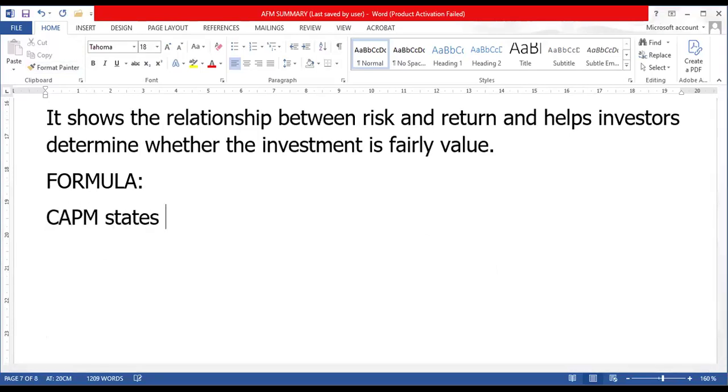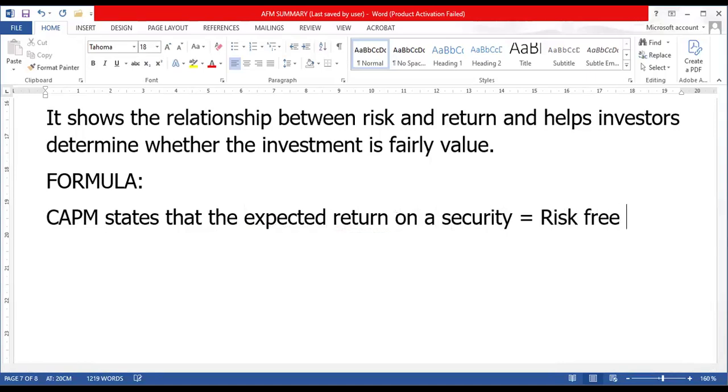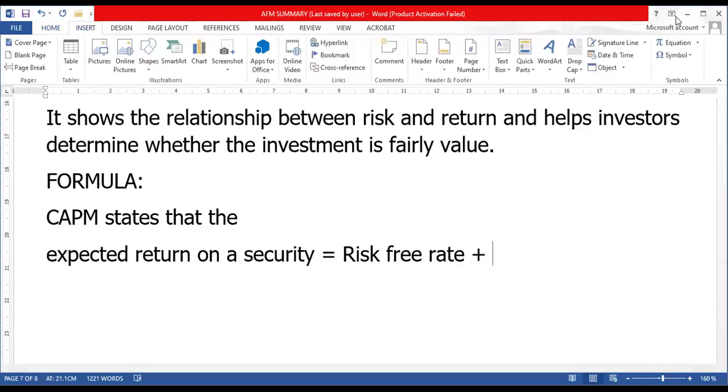The CAPM states that the expected return on a security is equal to the risk-free rate, plus the beta, times what? Times the market risk premium.